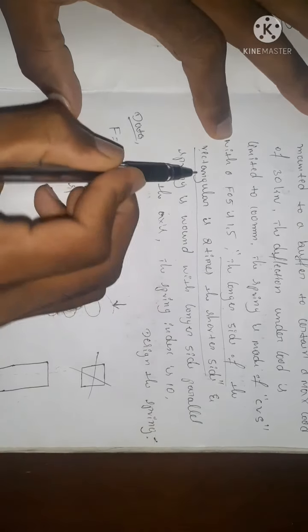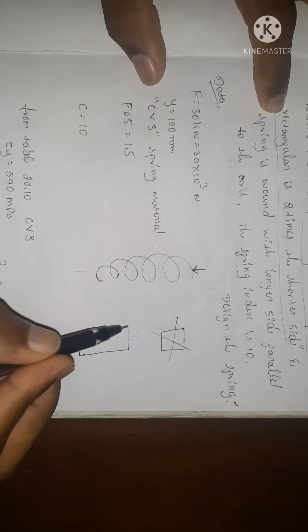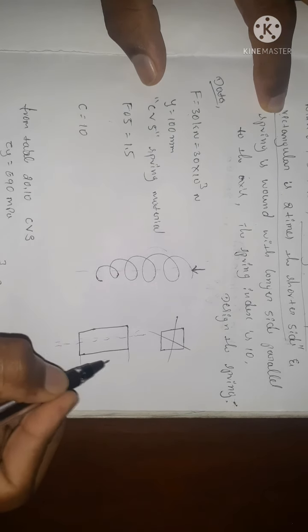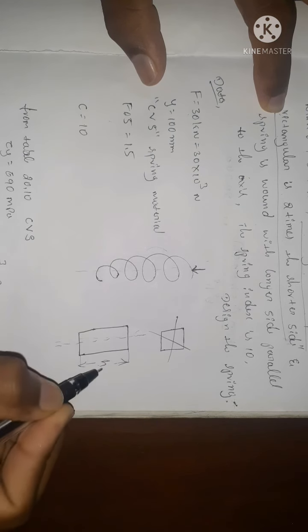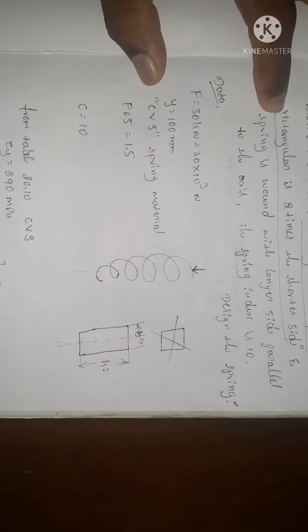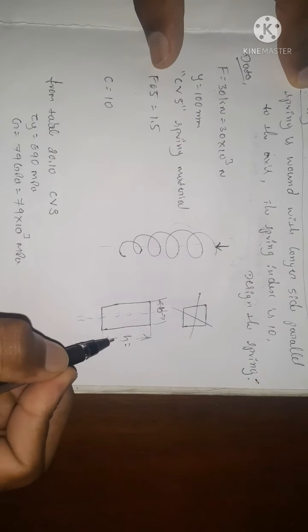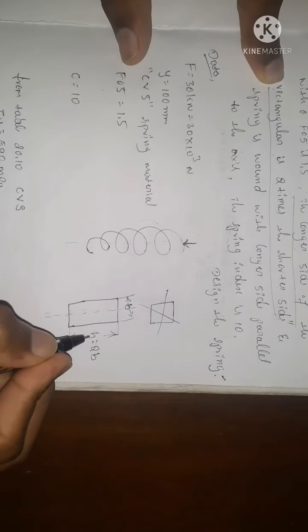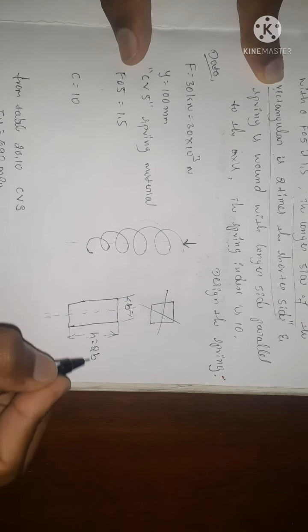The longer side of the rectangle is 2 times the shorter side.